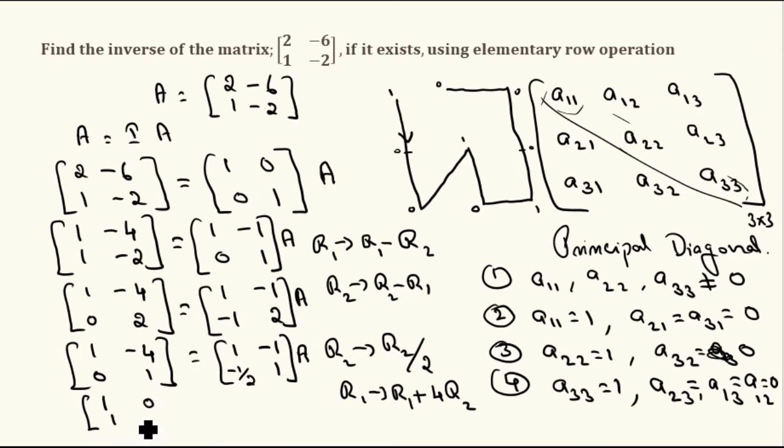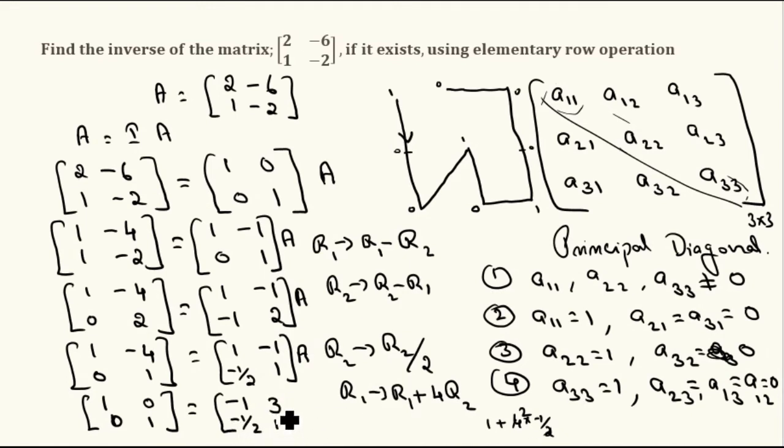Then this is 1, 0, 1, no change. Now here you have to change again. R1 plus 4 times R2. So 1 plus 4 times minus 1 by 2. This is minus 1 minus 2, minus 1. Then again minus 1 plus 4. Minus 1 plus 4 is 3. This is not changing.